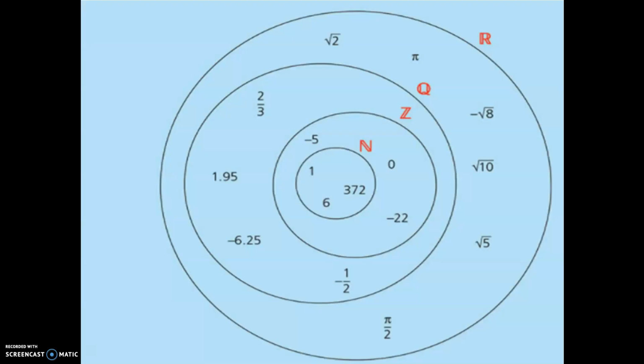This diagram comes up from time to time in questions. You'll see it in your book a couple of times. So it's just showing you that all those sets of numbers are nested within each other. Okay. So this smallest circle here in the middle, that's the set of natural numbers. So that's just the positive whole numbers. Z then, so this circle here is integers, so it's positive and negative whole numbers.